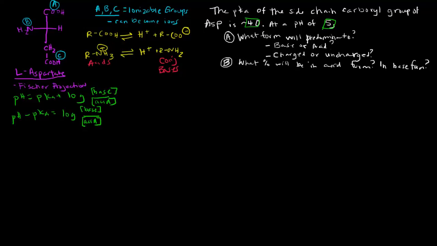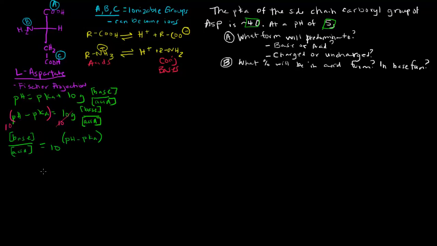We're going to take the base 10 of this entire thing, the pH minus the pKa, to undo that log. What we're left with is the base to acid ratio. The base to acid ratio will be equal to 10 to the pH minus pKa.